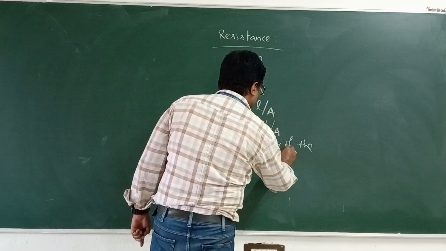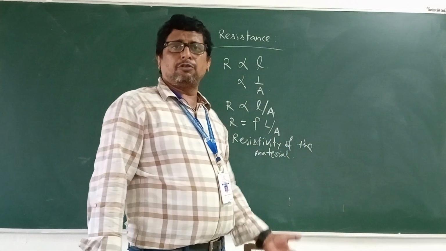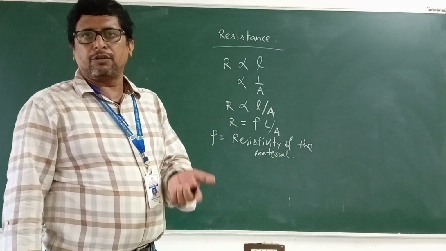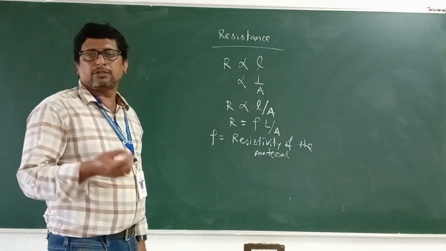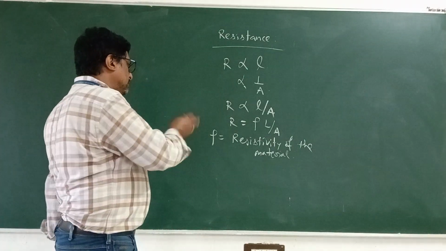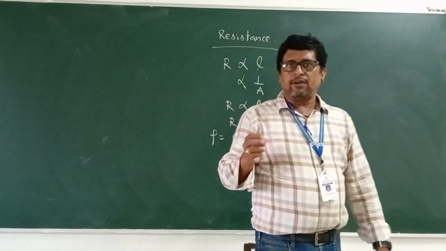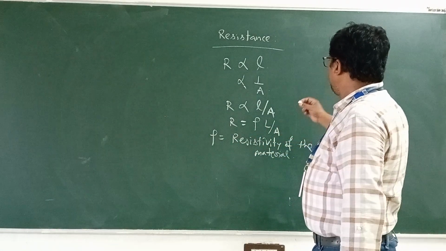This resistivity is different for different materials. That means the resistivity of aluminum is not the same as that of copper, or that of silver. So for different materials this resistivity is different, and that's why the resistance is also different for different materials.